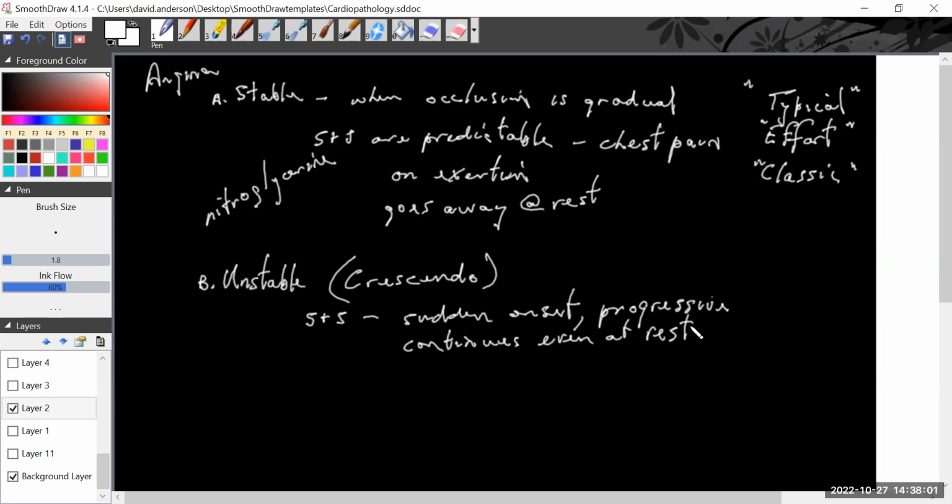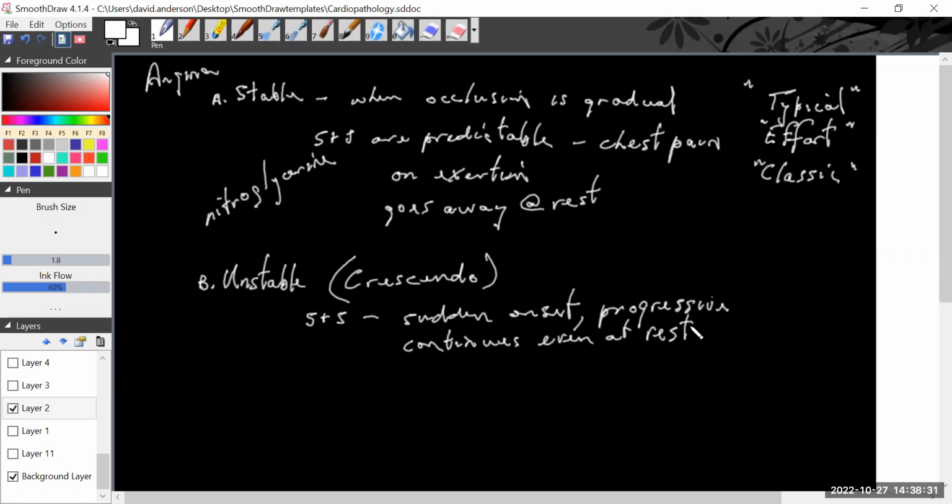And typically, if it is ultimately identified as an unstable type of angina, it basically is likely to get worse with subsequent events. In other words, it's an indicator that the blood vessels are badly damaged and there's going to be some subsequent events later on. And if there are, they're going to be worse and maybe increase in frequency.